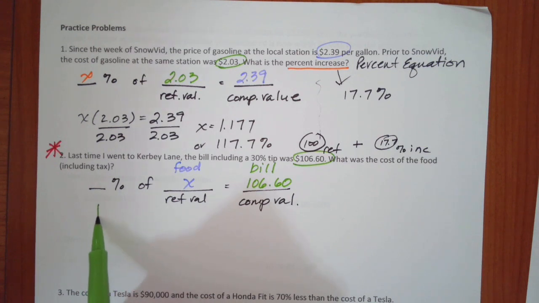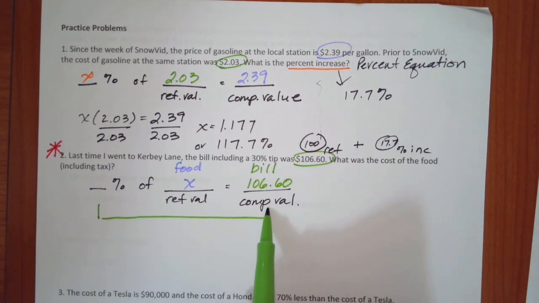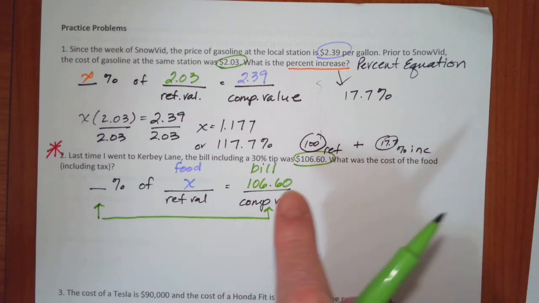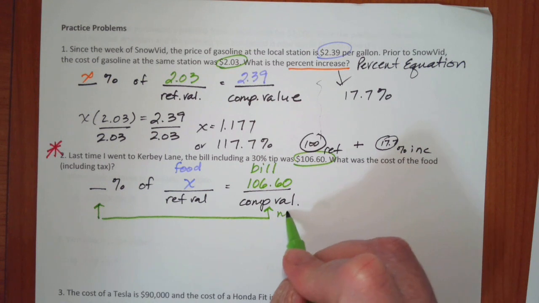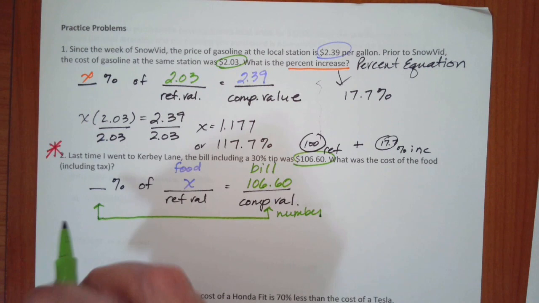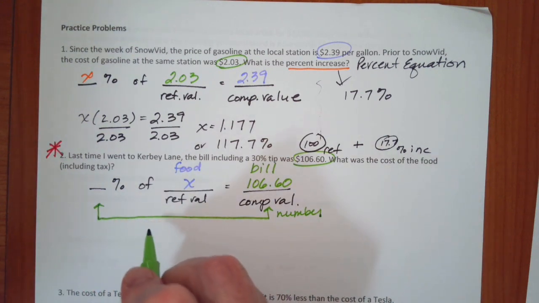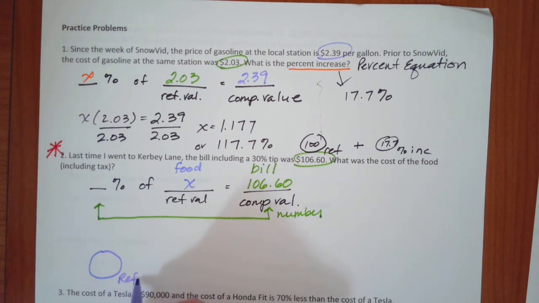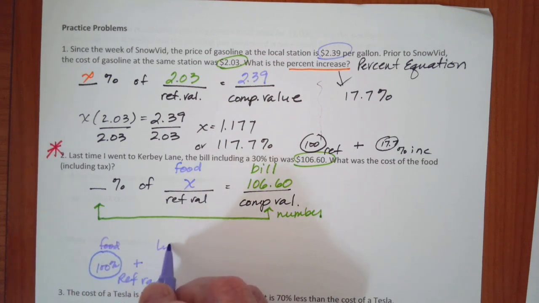But here's where I have to really think about the percent. This is the bill as a number, but the percent represents the food, our reference value of the food, plus the tip.